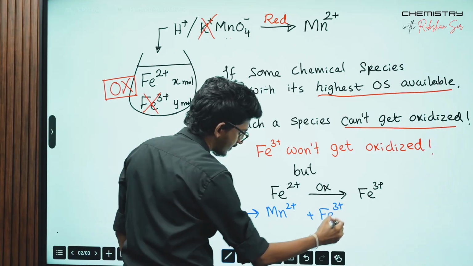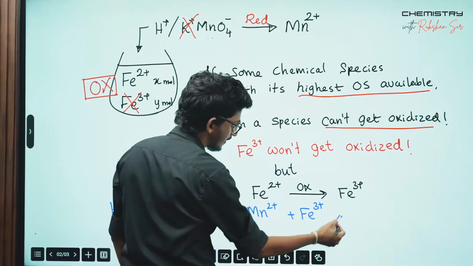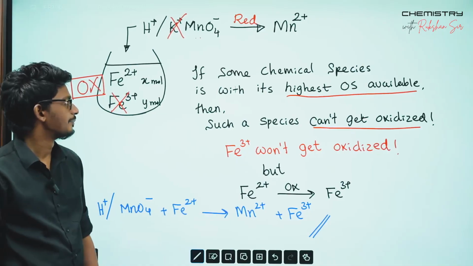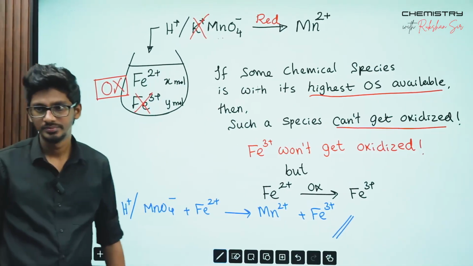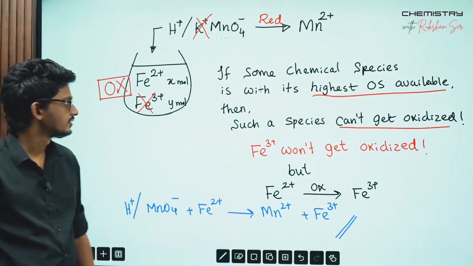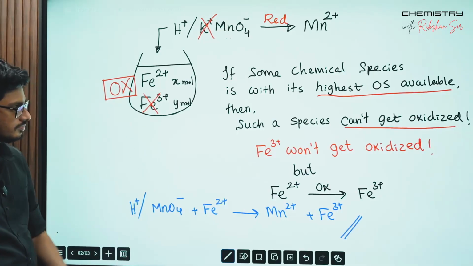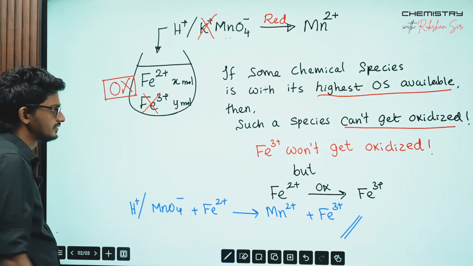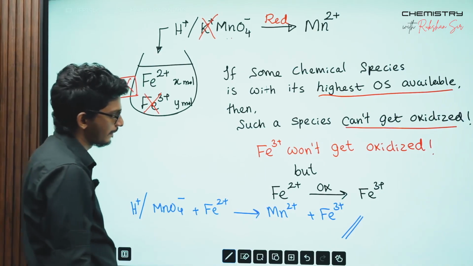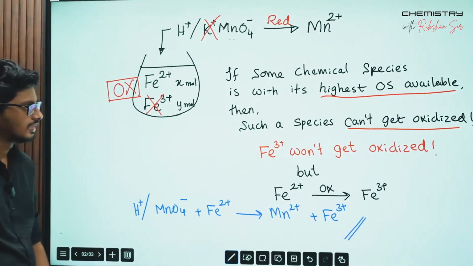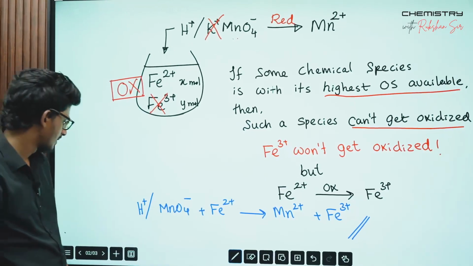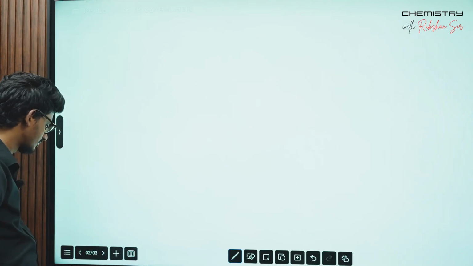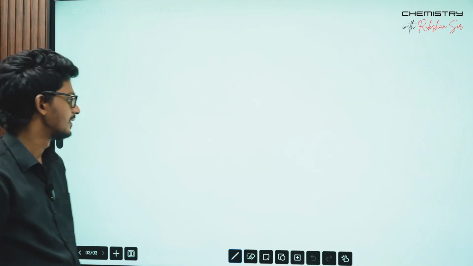So this is the redox change happening with this system, right? Got the idea how to decide which species are to get reacted? Clear, no? Let's come up with another example.